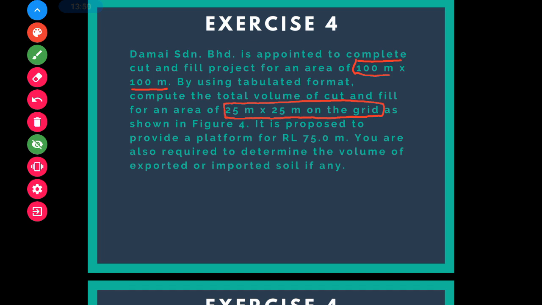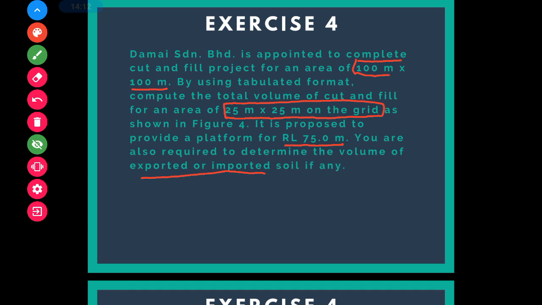So this is the cell, the size of the grid cell. As shown in figure 4, it is proposed to provide a platform for RL, a reduced level of 75 meter. You are also required to determine the volume of exported or imported soil, if any.